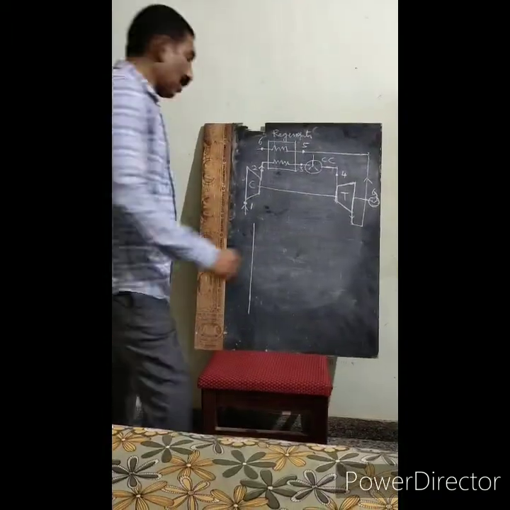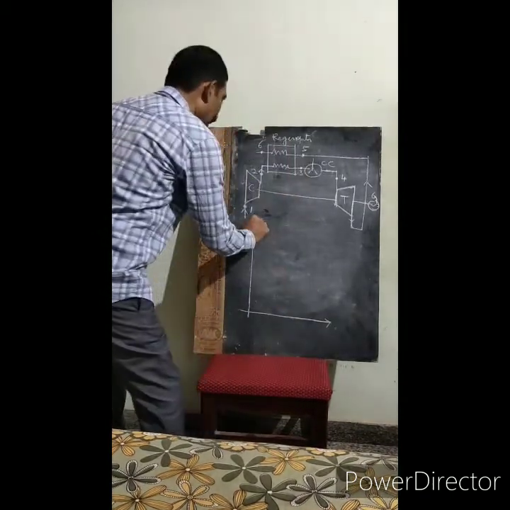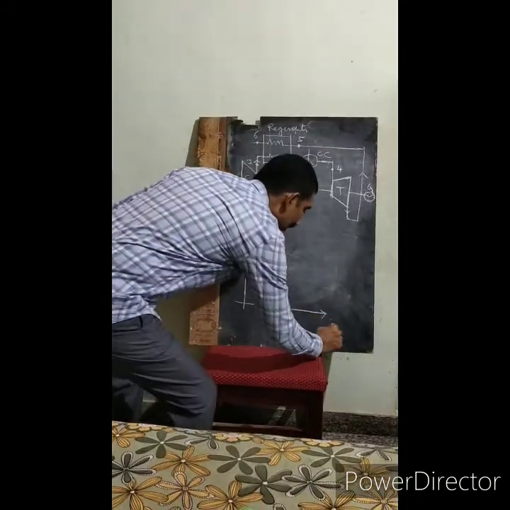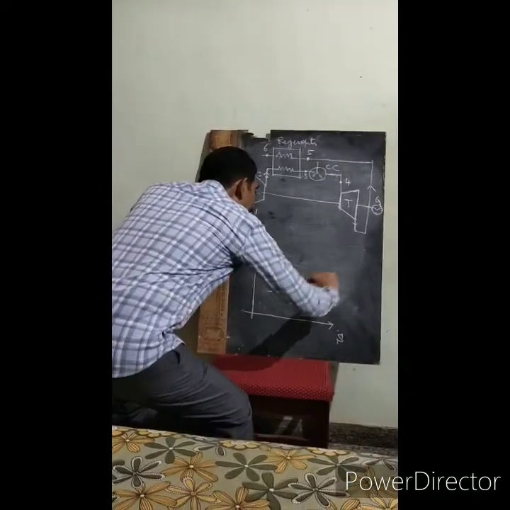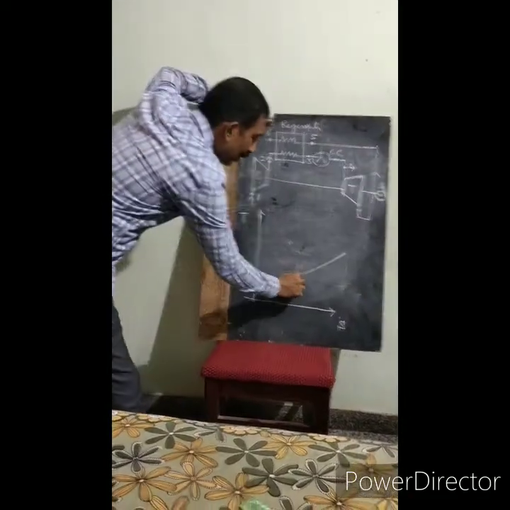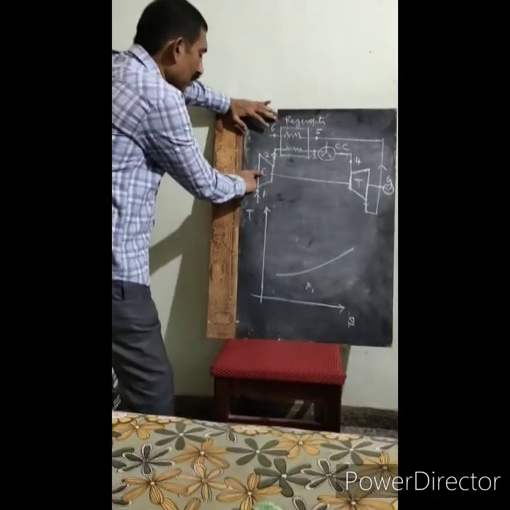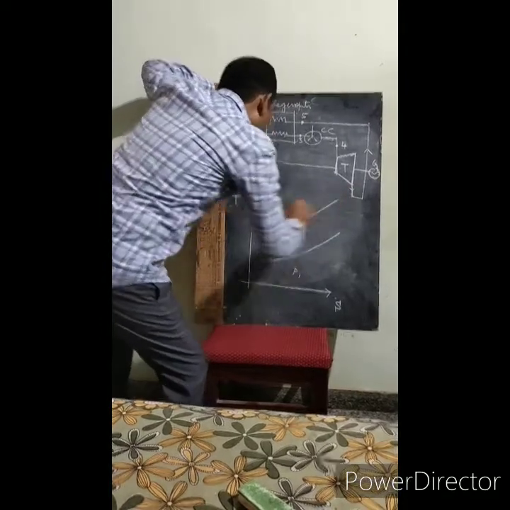Now let's draw the TS diagram for the simple Brayton cycle with the regenerator. This is the temperature and this is the entropy, and this is the pressure P1. In the compressor, the air is compressed to the high pressure P2.